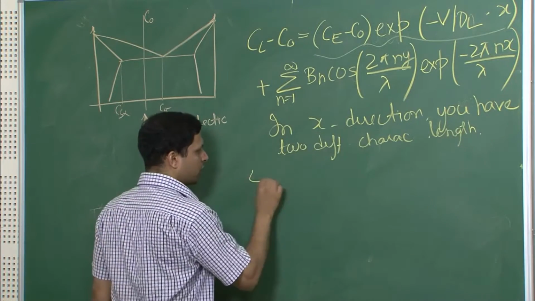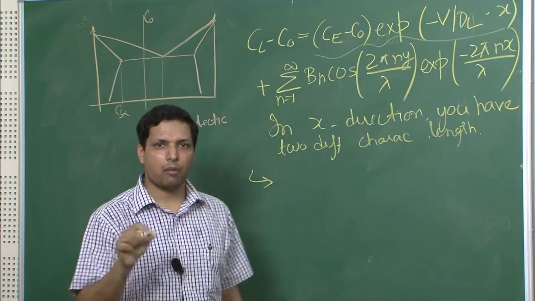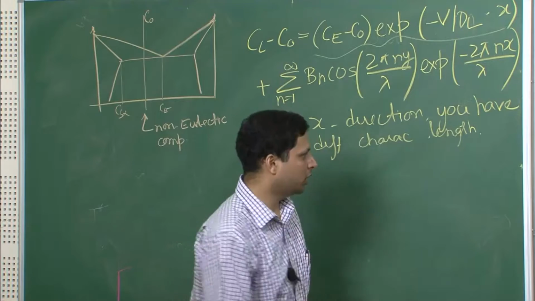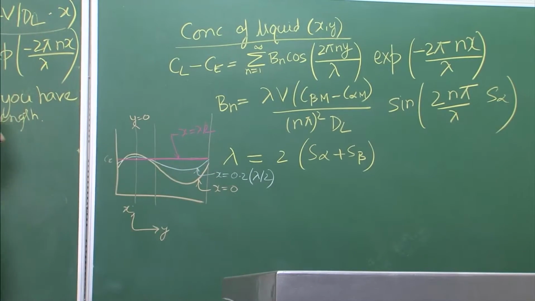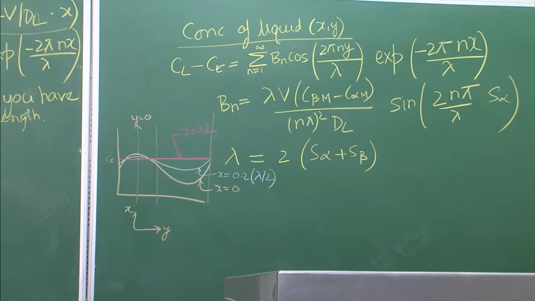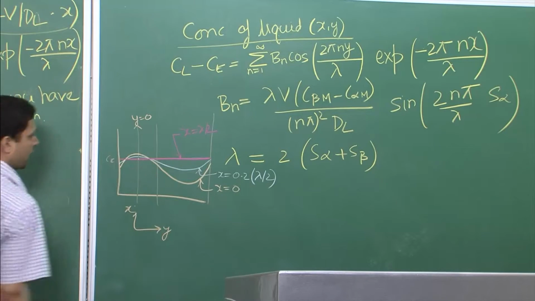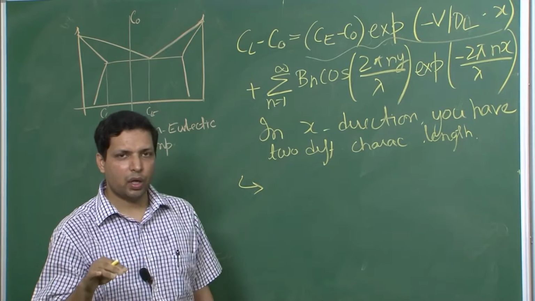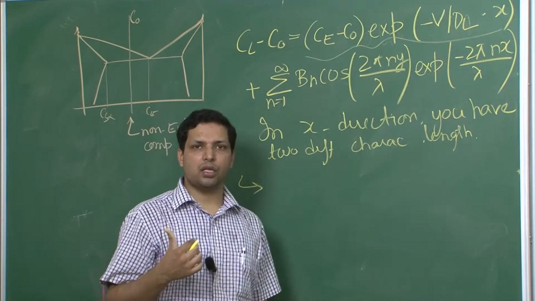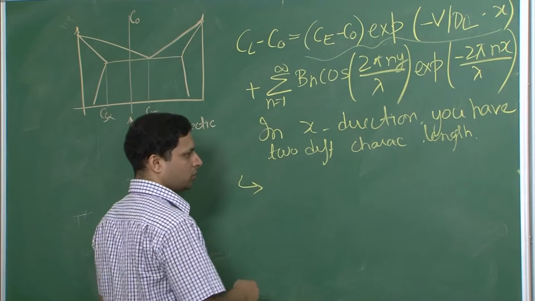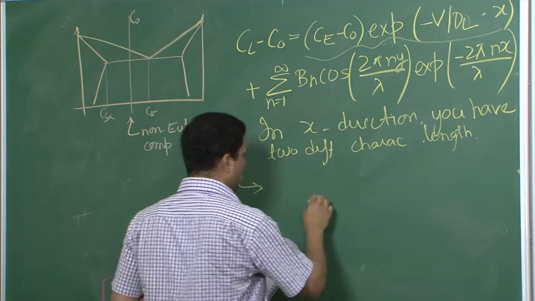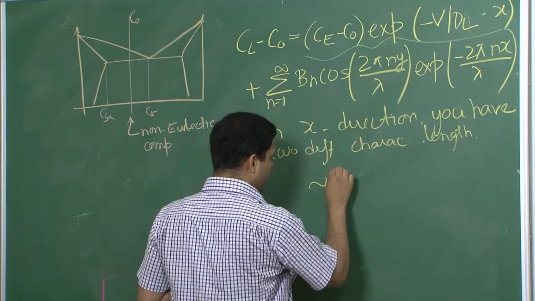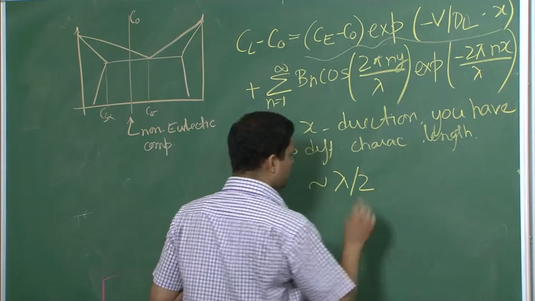One of these characteristic lengths is the distance at which the amplitude drops off. You remember the amplitude was like this, and it becomes almost flat at a particular distance. So this is one of the characteristic lengths. In the y direction, the composition variation becomes constant, and that characteristic distance was of the order of lambda by 2.